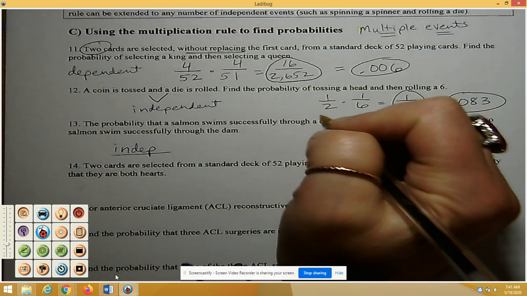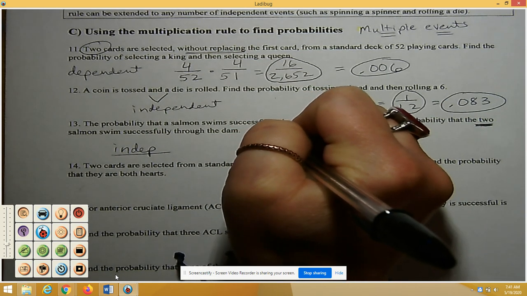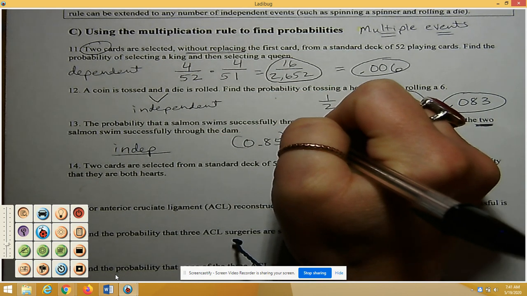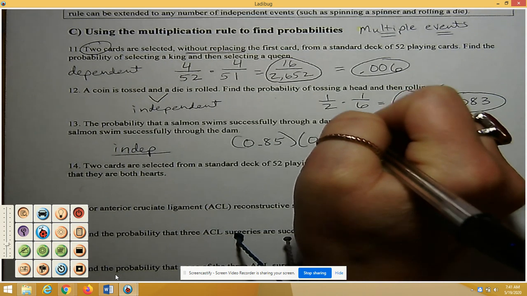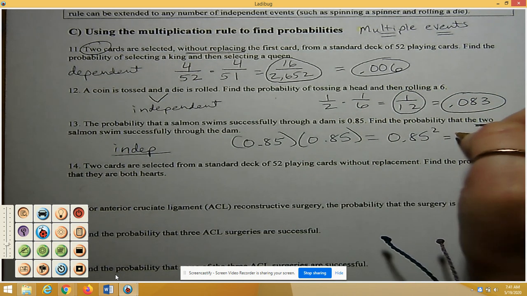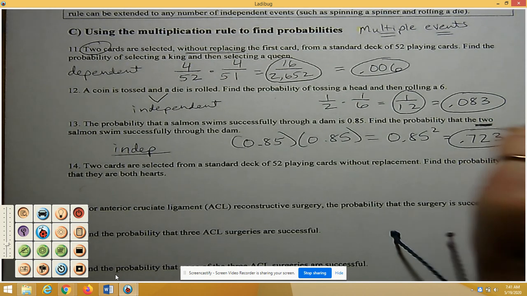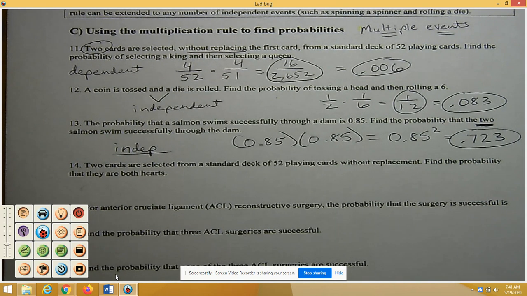And so we're going to say that these events are independent of one another. So you would do 0.85 and 0.85. So that's going to be 0.85 squared. And when you do that out, you're going to get 0.723. Okay, so one salmon swimming through doesn't affect the other one.